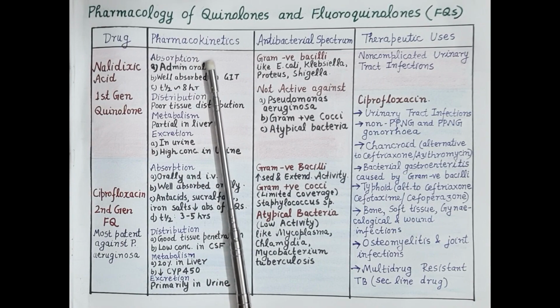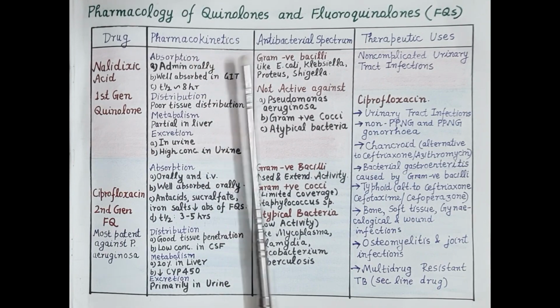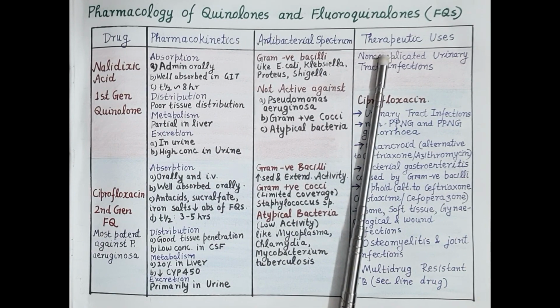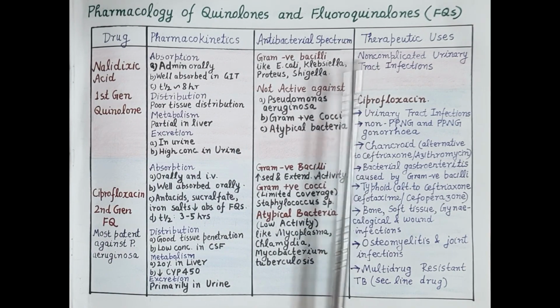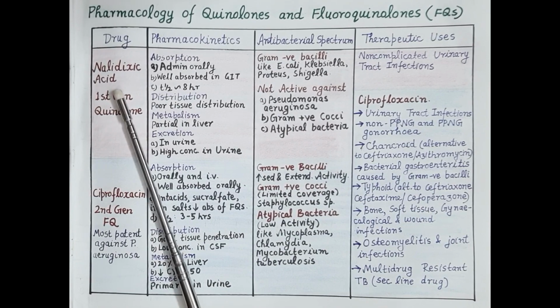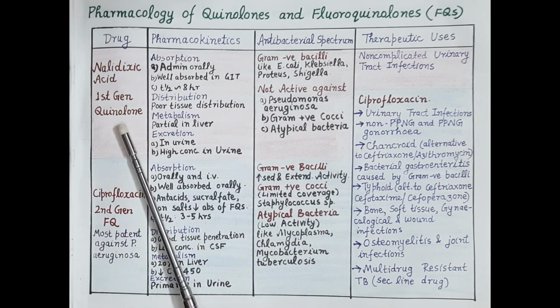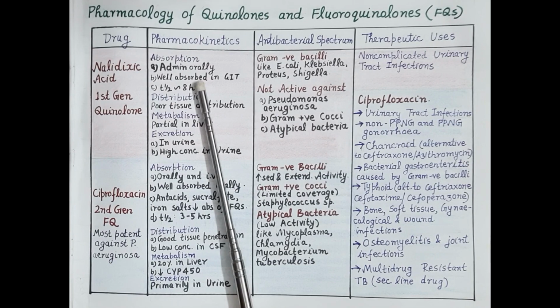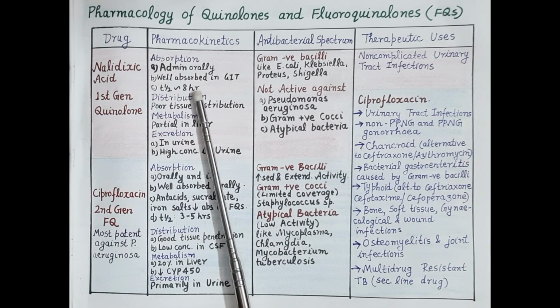Now, let us discuss pharmacokinetics and therapeutic uses of different generations of quinolones and fluoroquinolones. First antibiotic is nalidixic acid. It is a quinolone and comes under the first generation. Nalidixic acid is administered orally and is well absorbed on oral administration.